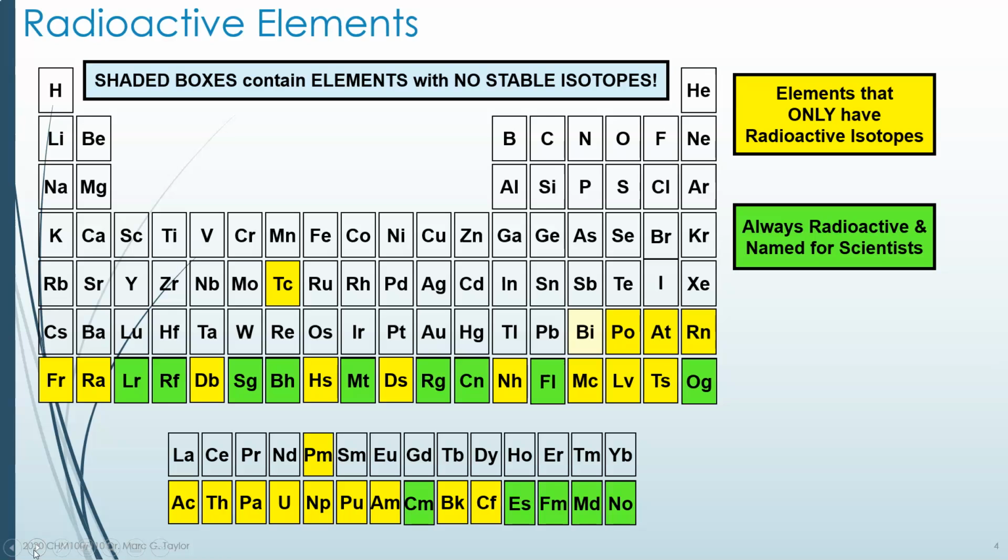He's since passed away. MT, Meitnerium, named after Lise Meitner, a German physicist who lived in Europe during the period of Nazi Germany. She was Jewish and treated very poorly and eventually escaped, but Lise Meitner was the one who was able to explain the process known as nuclear fission, which we'll talk about at the end of this unit.